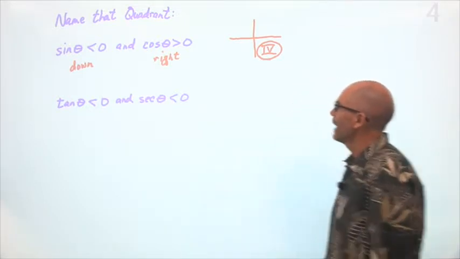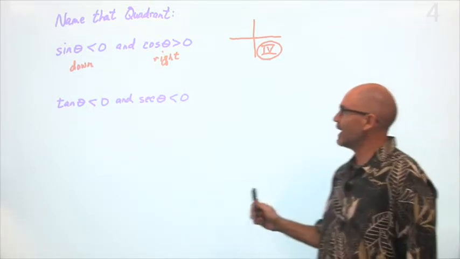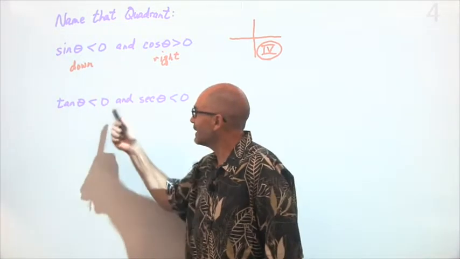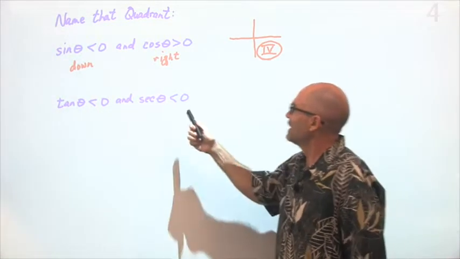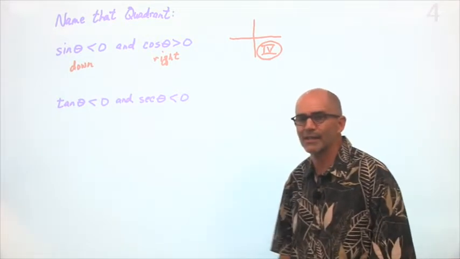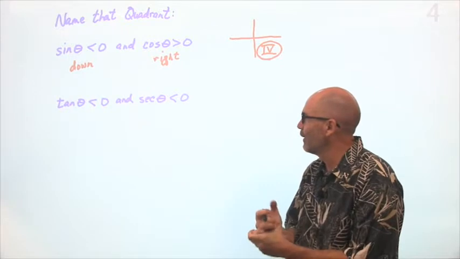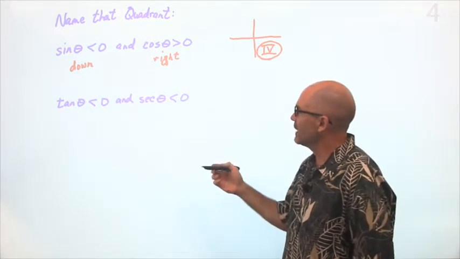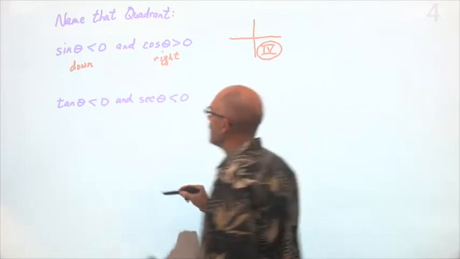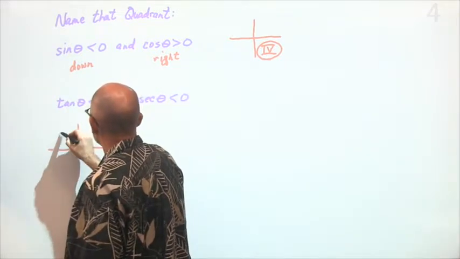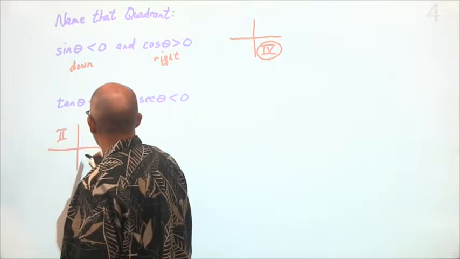Okay. Now, next game. Tangent is less than 0, and secant is less than 0. Ooh, that just gives you a little tingle there. All right, so what do we do? Well, if tangent is less than 0, that means you're either in 2 or 4.